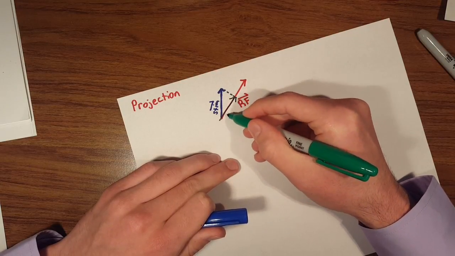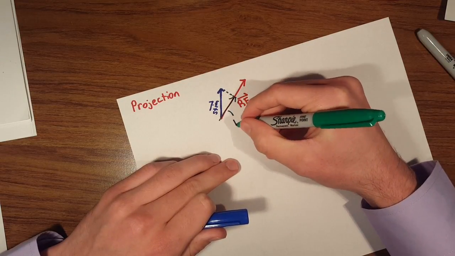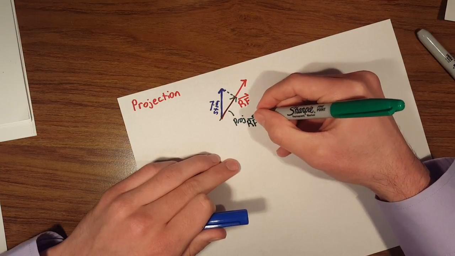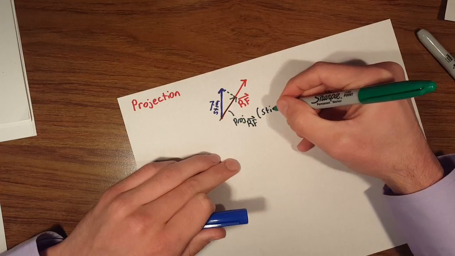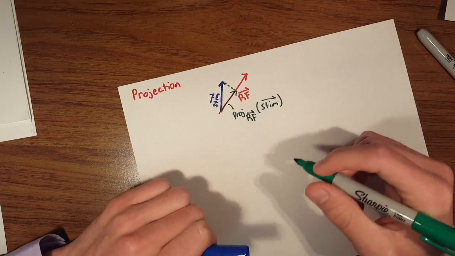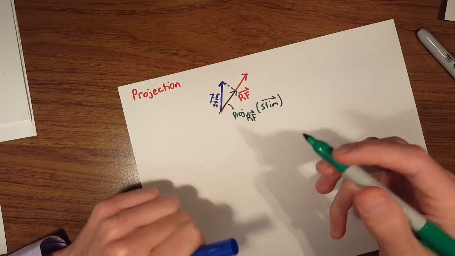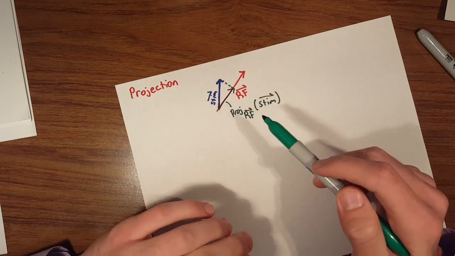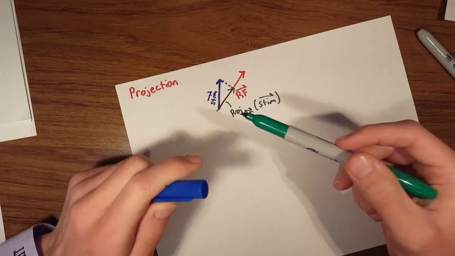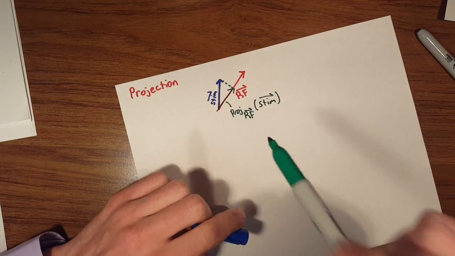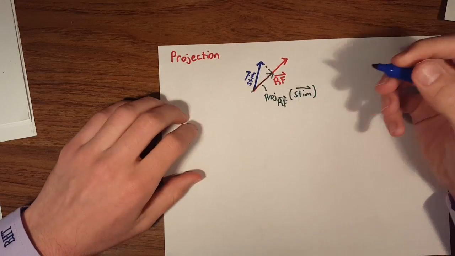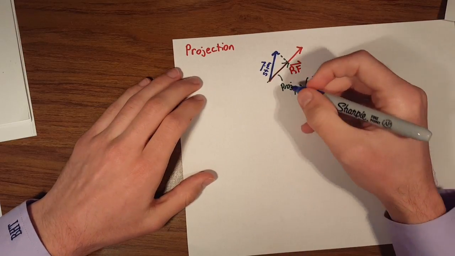So this new vector here is going to be the projection onto the receptive field of the stimulus. Okay, so that's the picture to keep in mind. Although in general, this doesn't happen in a two-dimensional space, it happens in a large dimensional space. But the math is all the same. So how does this work? All right, where to begin?